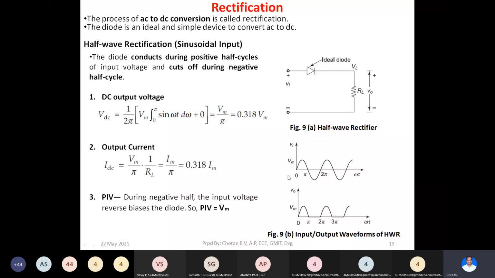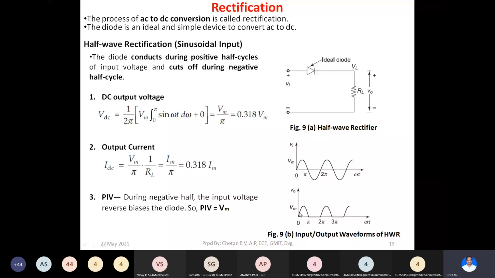As you can see, even though it is a rectified output, it is like an alternating current, continuously time varying. For such signals, to find the DC output voltage, we just take the average of this signal at all points.